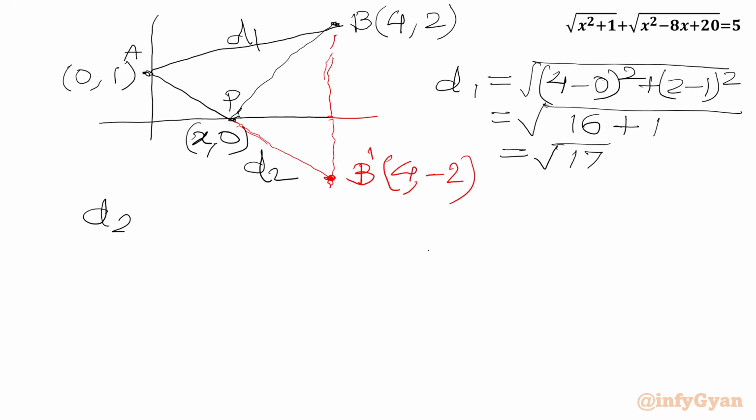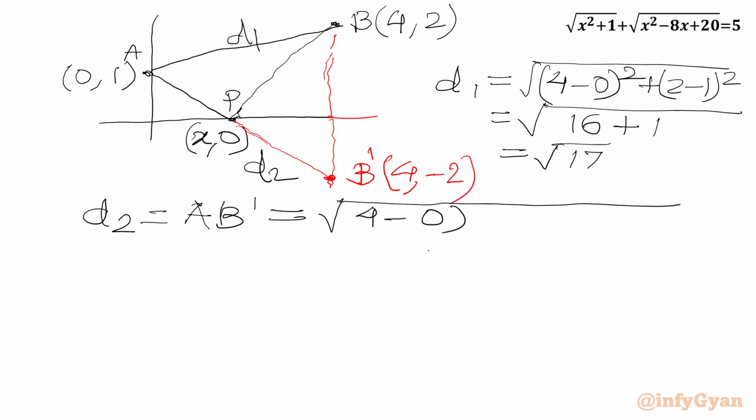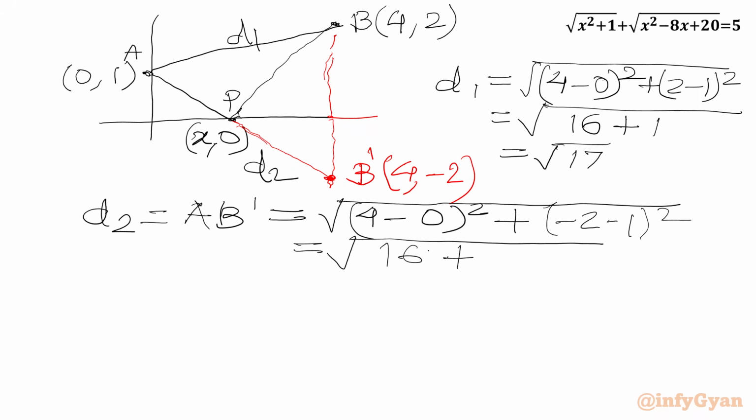d2 will be equal to the distance between A and B prime, equal to square root of 4 minus 0 whole square plus minus 2 minus 1 whole square, which will be equal to square root of 4 square is 16 plus minus 3 whole square is 9.